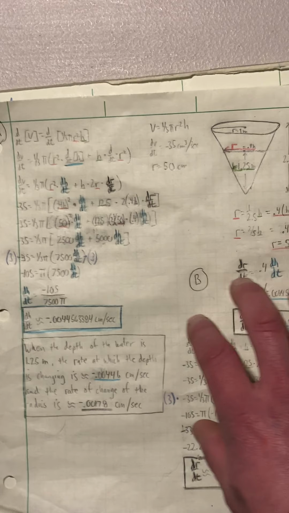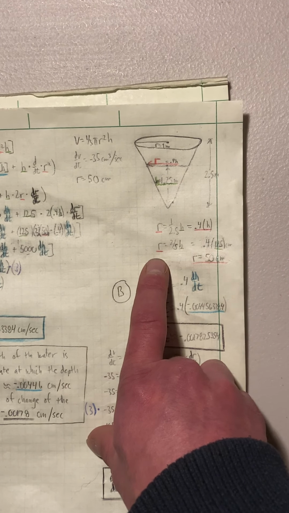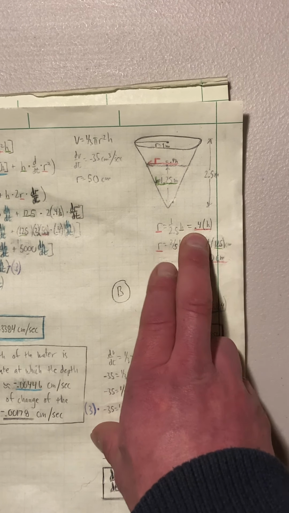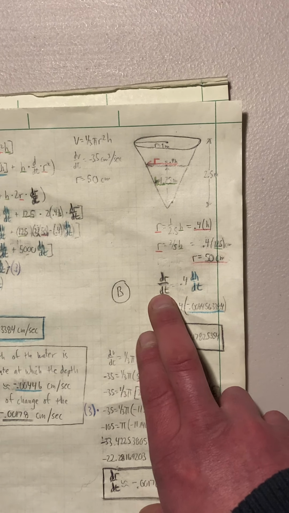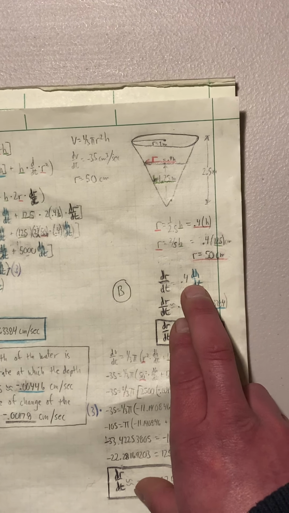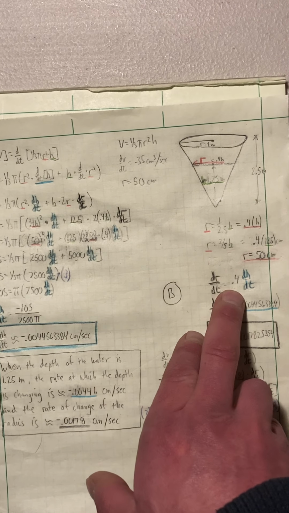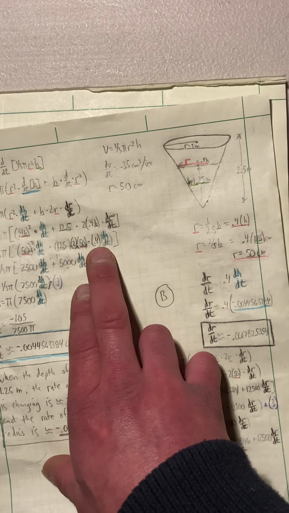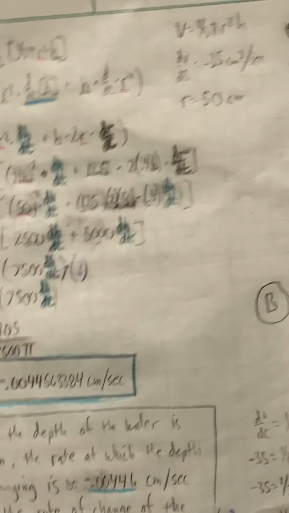The way we do that: because our radius is 0.4 times our depth, the derivative of our radius in relation to time is equal to 0.4 times the derivative of our depth in relation to time. So we use 0.4 times dH over dt in place of dr over dt.